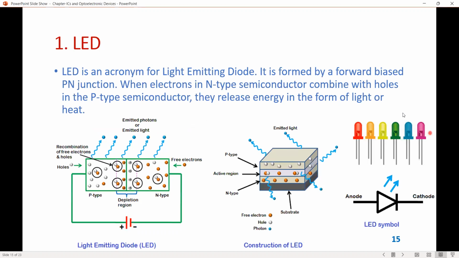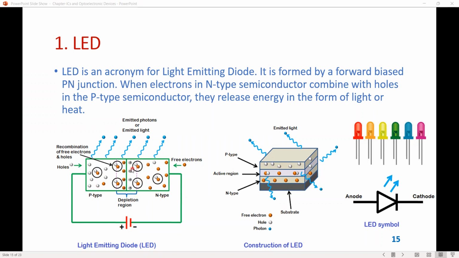LEDs, light emitting diodes. LED is an acronym for light emitting diode. It is formed by a forward biased PN junction. When electrons in the N-type semiconductor combine with holes in the P-type semiconductor, they release energy in the form of light or heat. You look here, guys. So we have P-type material, we have N-type material. They are specially designed, actually.